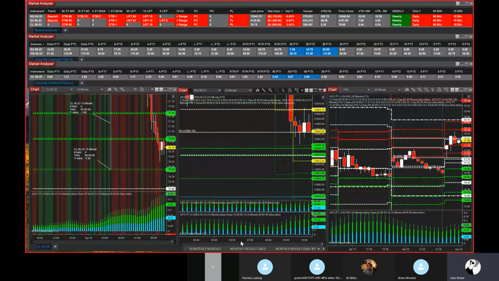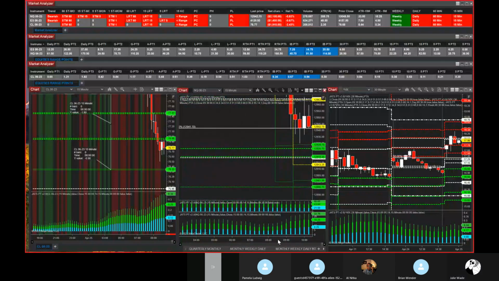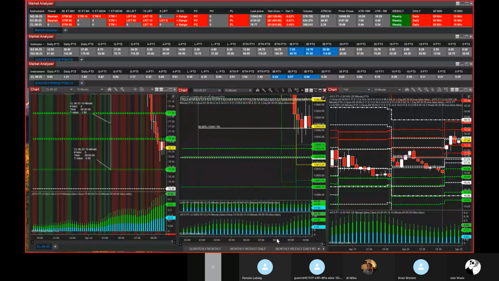Bouncing on our mid band. Broke it. Red, red, red. It's trying to get down there.